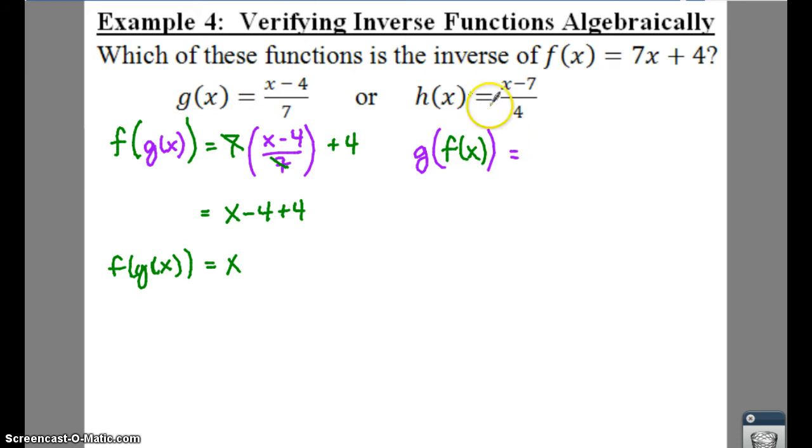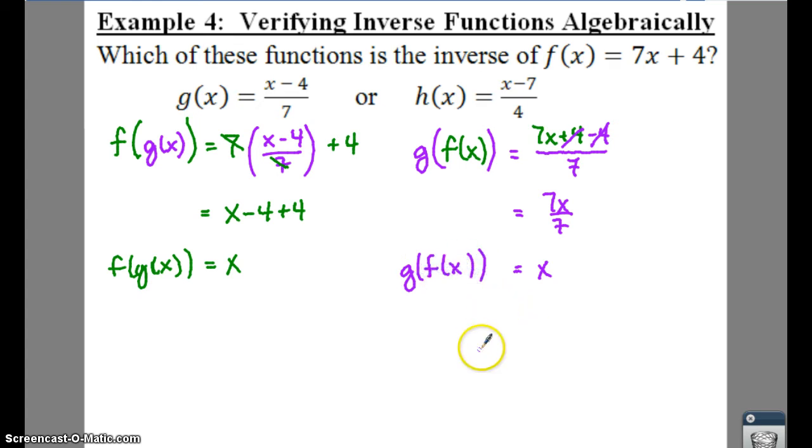So 7x plus 4, and then we have a minus 4 afterwards, and divided by 7. If we simplify all of this, the plus 4 and minus 4 cancel. So you get 7x divided by 7, which is just equal to x. So since these are both shown to be equal to x, that must mean they're inverses.